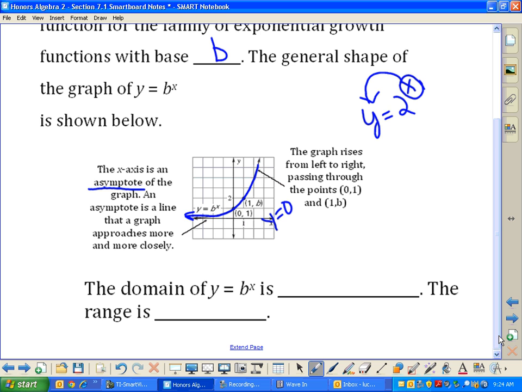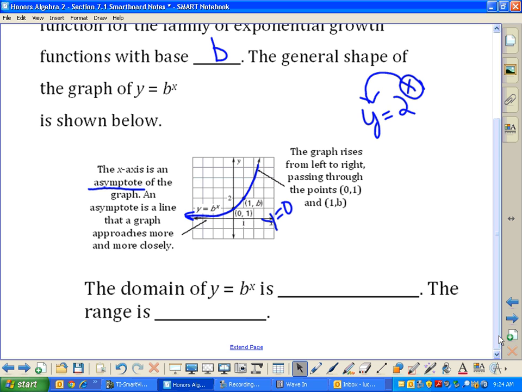All right, let's talk about domain and range of this thing. And then we're done with the blanks. We can go ahead right into graphing. Domain and range. Domain is possible values of x. What do you think? If you're walking along the x-axis, what do you think?